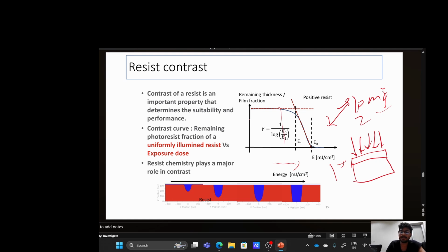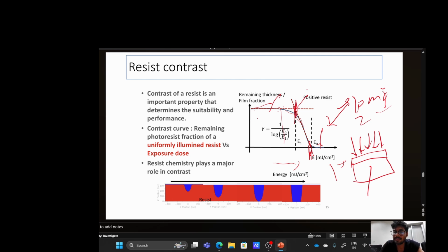And then you see how much of your photoresist is removed. If you are giving less energy, your photoresist is not removed at all by the developer. As you increase the energy, more of the photoresist is removed. This is the critical energy, E naught, and after this your photoresist starts dissolving.